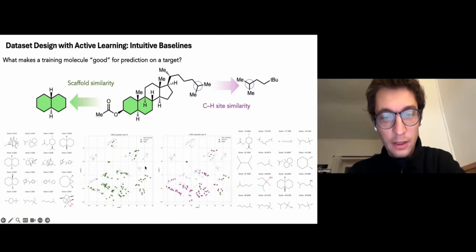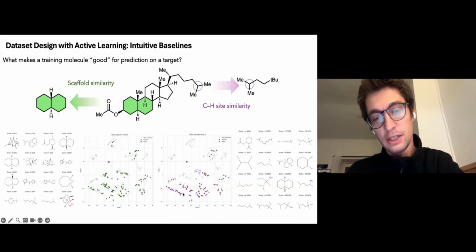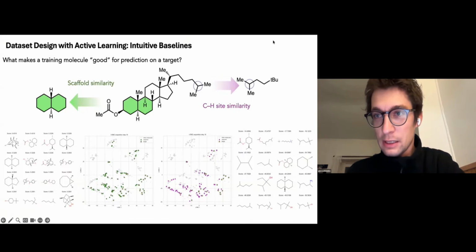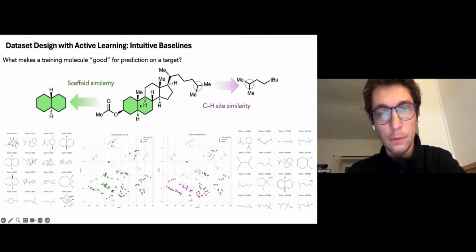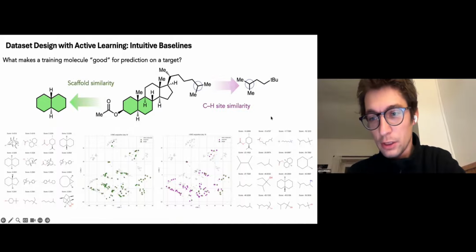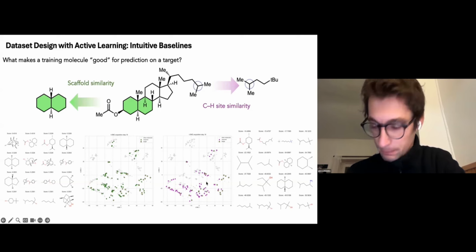So it's difficult to compare exactly in this subspace how the different CH sites are sampled. But when you look at the structure of the molecules, you can see that the scaffold similarity prefers cycles, which have more overlap with the complex molecule, and the site similarity prefers long alkyl chains.